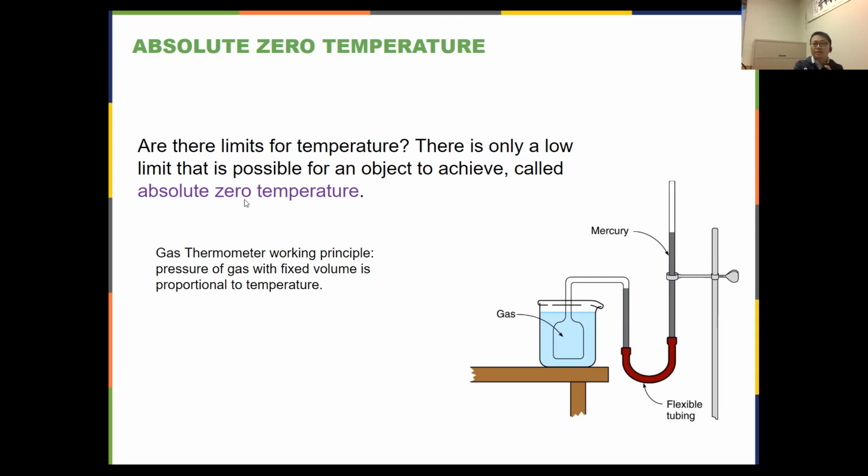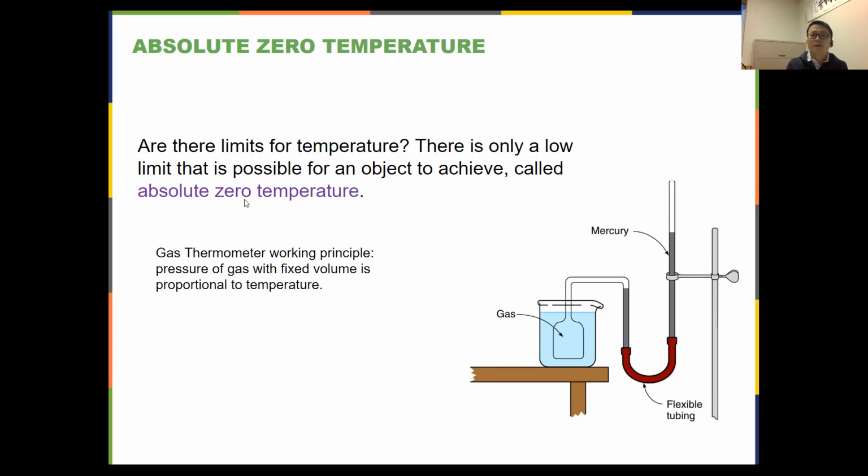This is referring to the Kelvin scale. So 0 Kelvin is absolute zero, the lowest temperature in theory one could have in the universe. Converting that to Celsius will be minus 273.15 degrees Celsius.